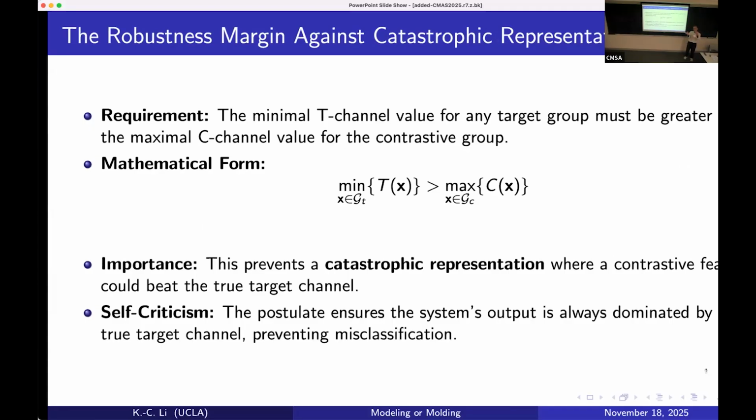And the higher one represents this label to compete with other classes. If you do not have this relationship, then you have trouble. That is, images may not really belong to this target group, but they will take over as the representation of this class. That creates what we call the catastrophic representation.